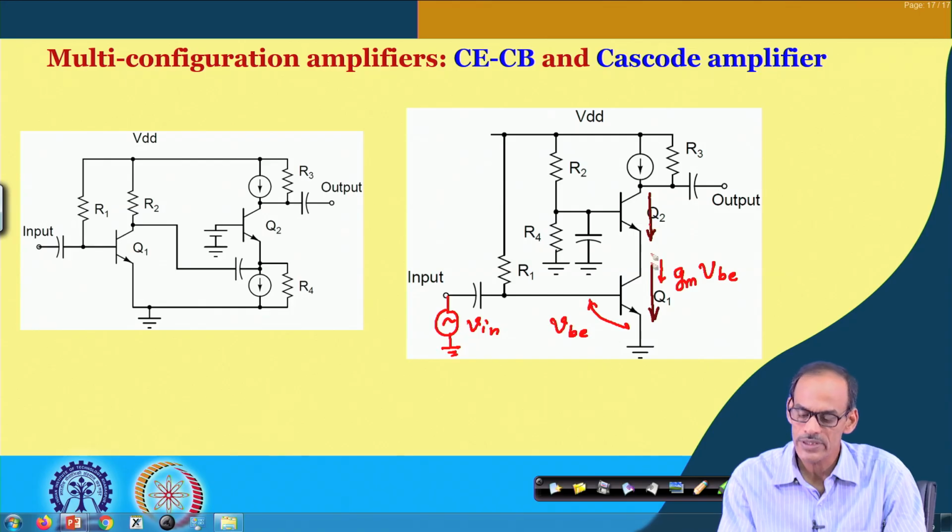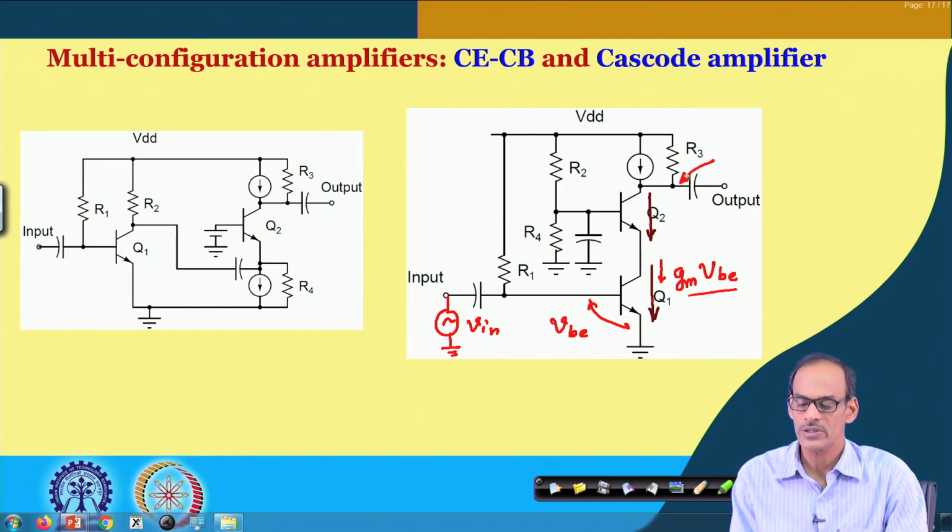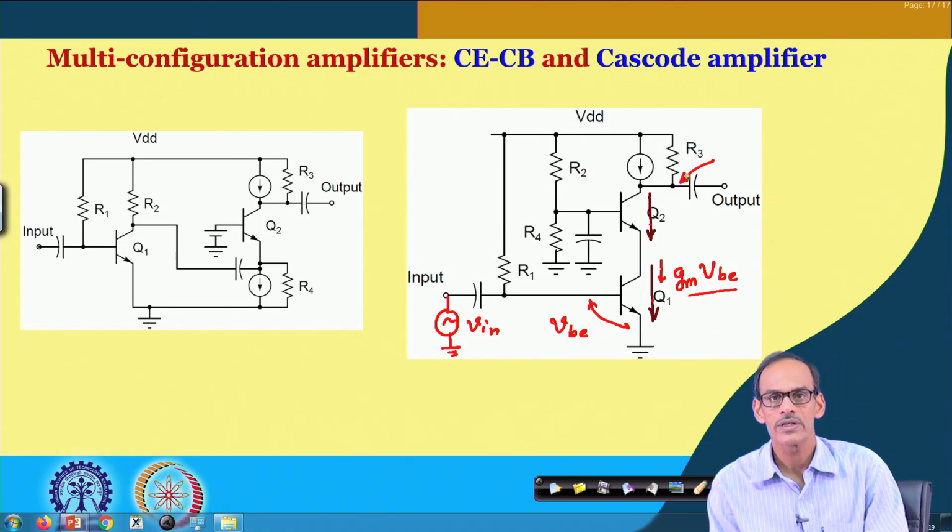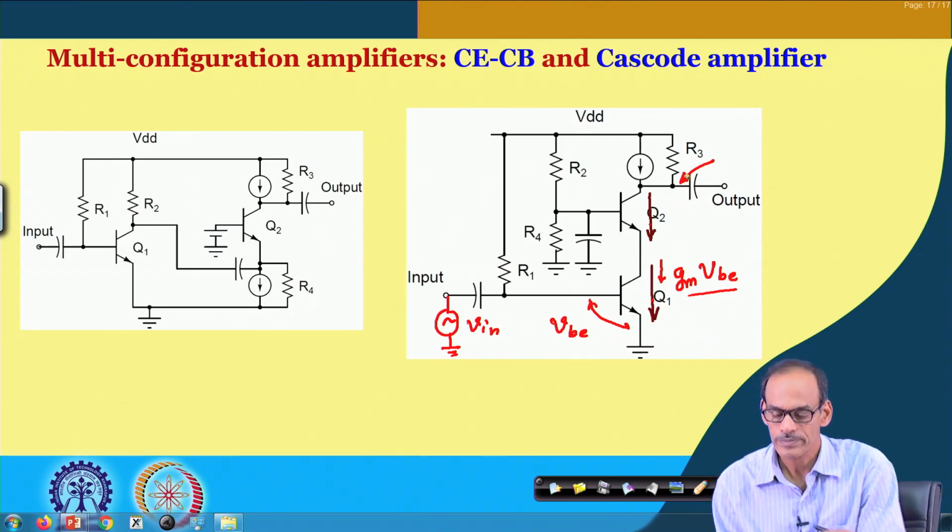So, along with the DC current, of course, we do have the signal, and this signal should be successfully reaching the collector of transistor 2, which we call the primary output port.